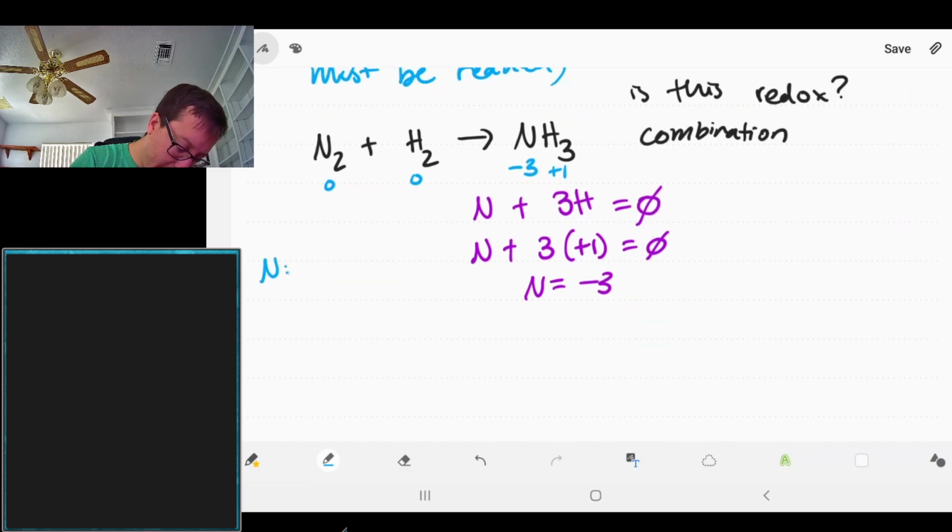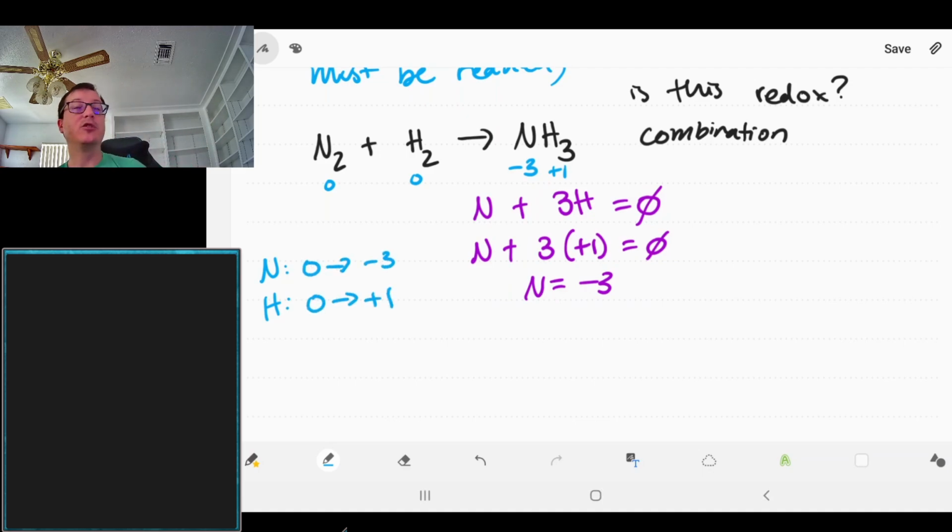And so we can see over the course of the reaction, nitrogen has gone from 0 to -3. Hydrogen has gone from 0 to +1. Remember that going more negative, reducing your number, making it smaller, like -3 is smaller than 0, that's reduction, right?